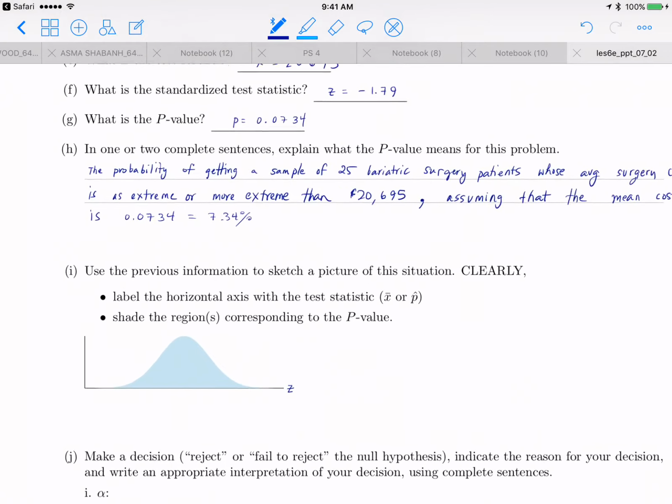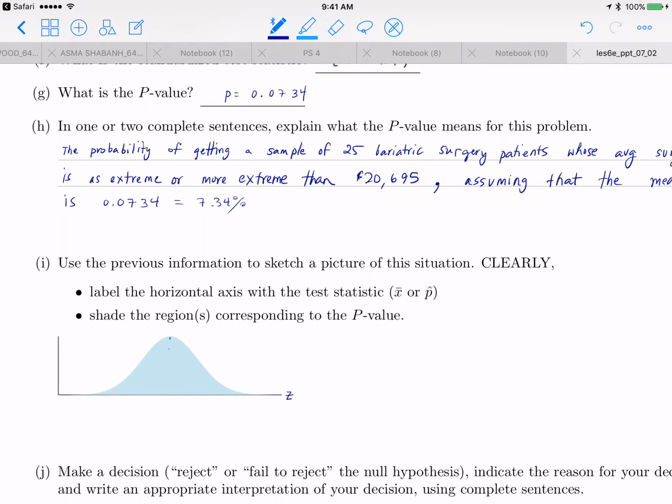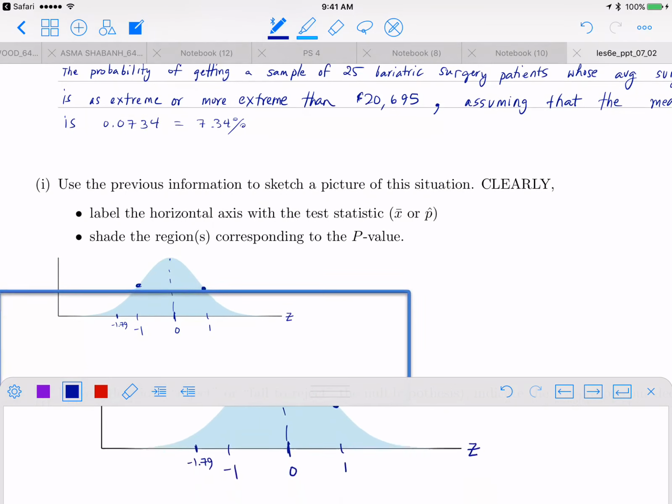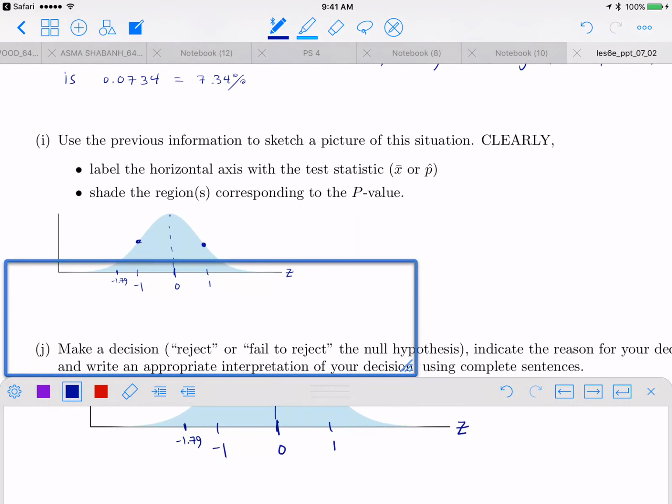Okay, so in the center, we know we have 0. And for our inflection points, we have 1 and negative 1. And now I need to go out to about negative 1.79. And out here to 1.79.